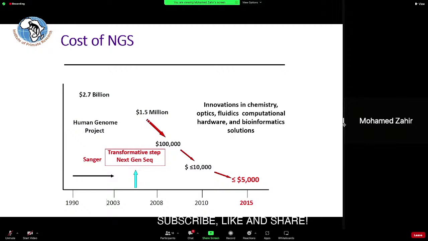But over time, it has been a transformation step for utilizing next generation sequencing, simply because the chemistry, optics, fluidics, the computational force has subsequently been improving the technology. And so by the time years were passing by, the $2.7 billion that was needed to make the sequence of the human DNA now can go down to $5,000 in 2015.